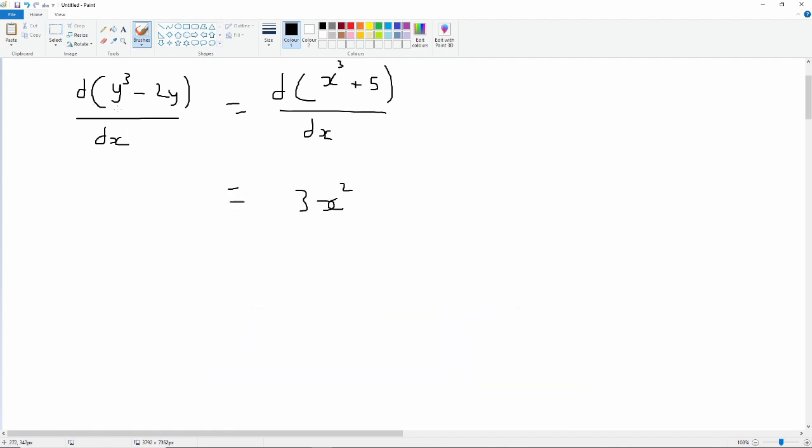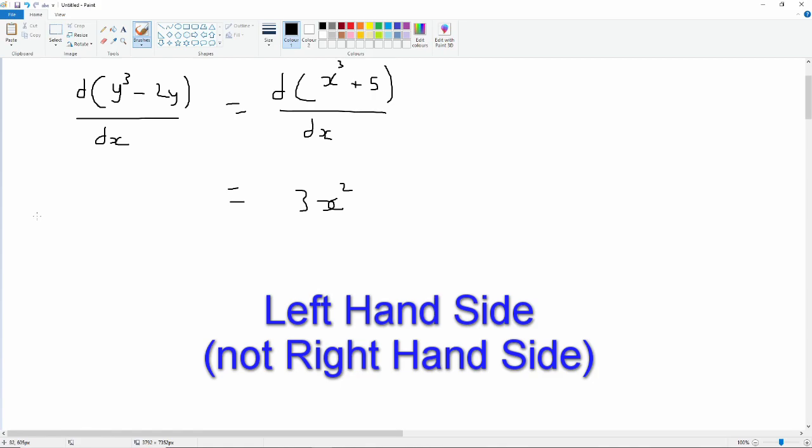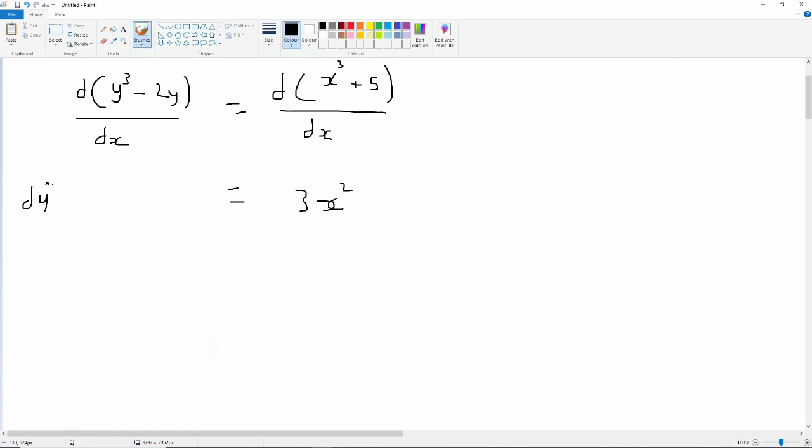Now our left hand side is again going to break down to d of y cubed by dx minus d of 2y by dx.